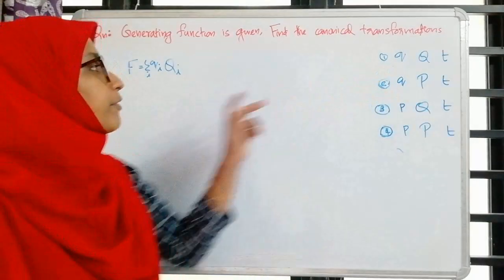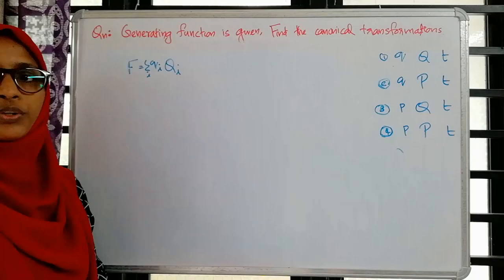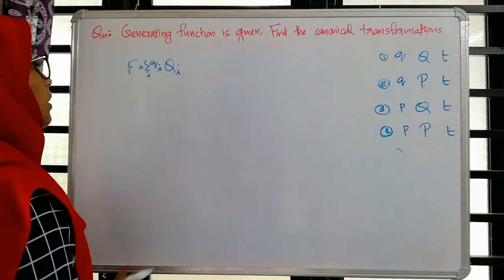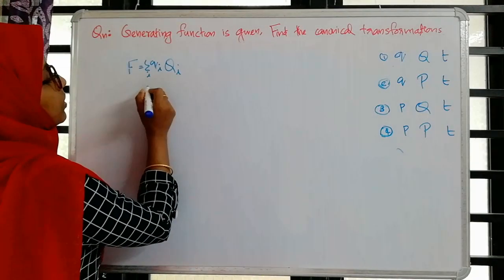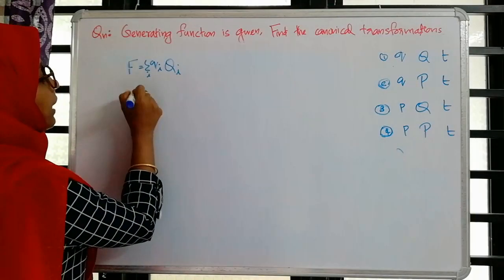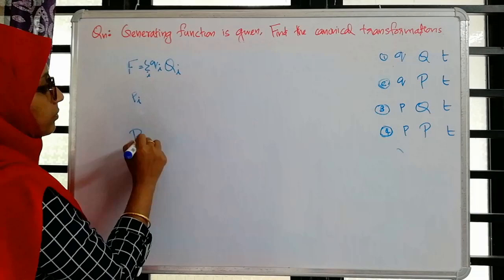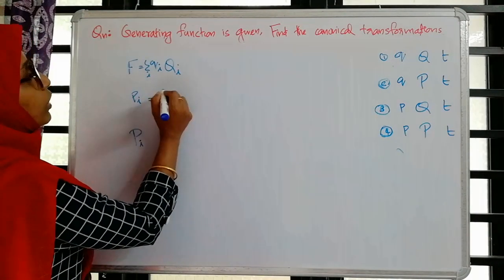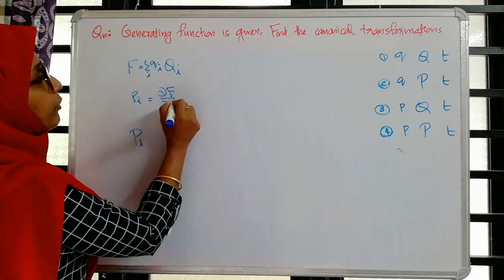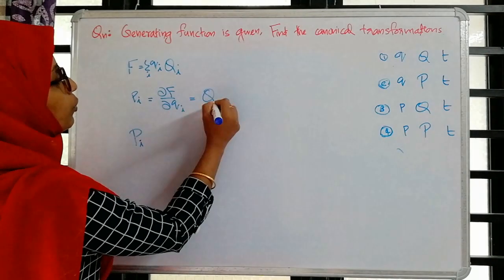Consider the first generating function f is equal to qi into Qi. We have to derive small pi and capital Pi. Small pi is equal to dou f by dou qi, which is equal to capital Qi.